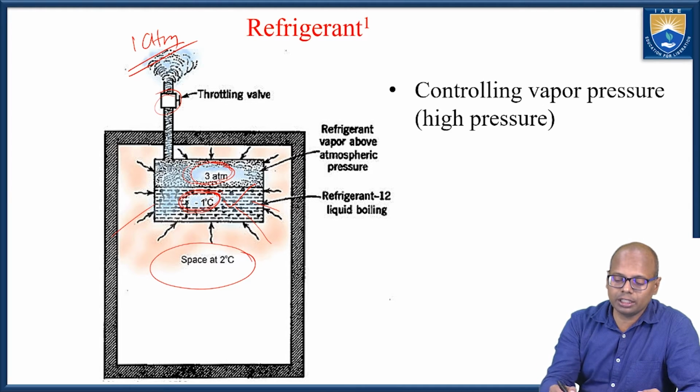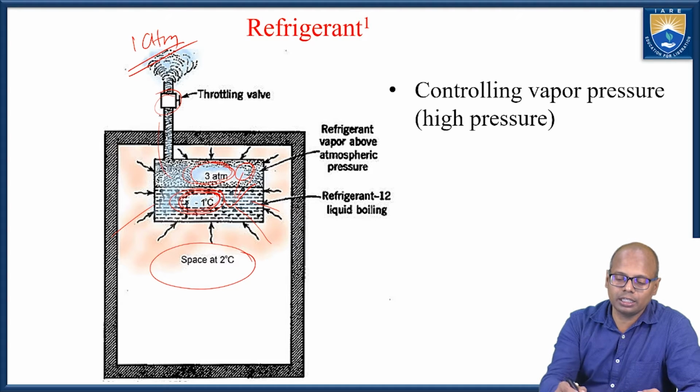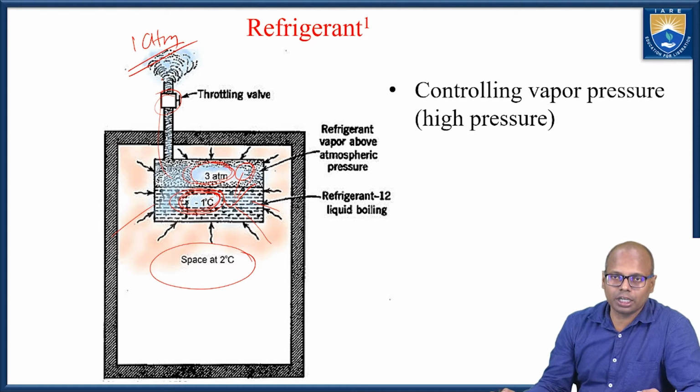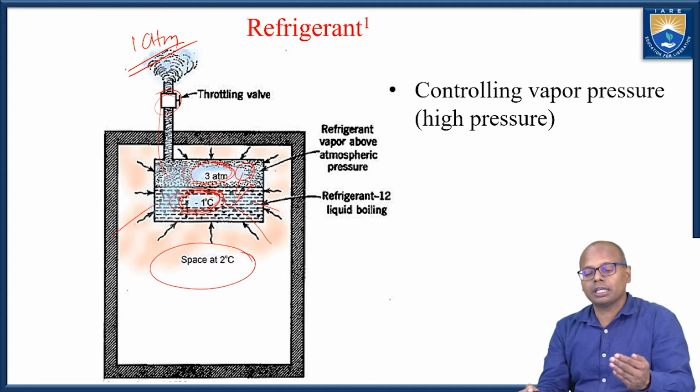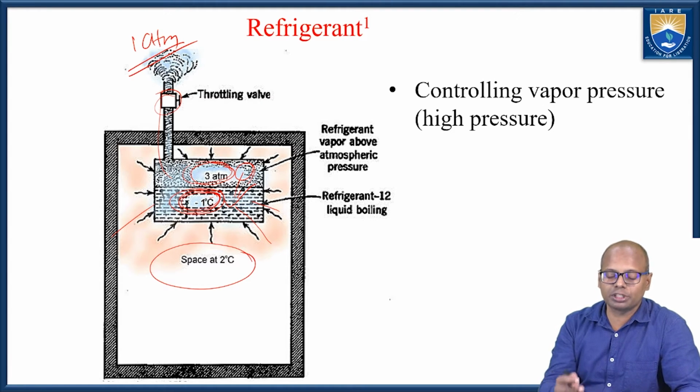Here the fluid is at minus 1 degree centigrade, and as heat is added, it crosses the boiling point, starts evaporating and gets evaporated. So even at higher pressures you are able to keep the space at 2 degrees centigrade.